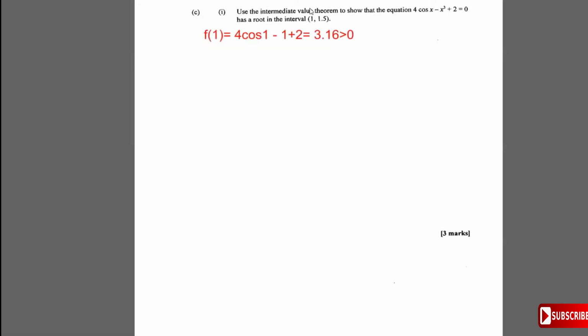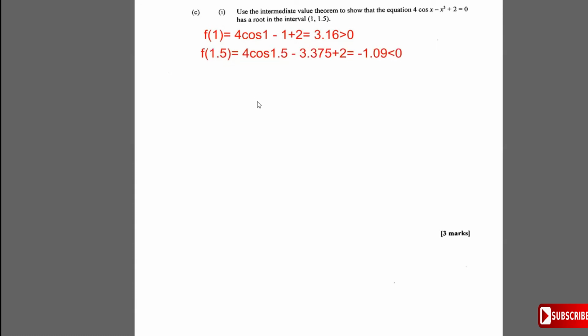Then I need f of 1.5. Now f of 1.5 is going to be equal to 4 cos 1.5 minus 1.5 cubed. 1.5 cubed is 3.375, plus 2, and that's equal to 4 cos 1.5 minus 3.375 plus 2, that's negative 1.09, and that is less than 0.